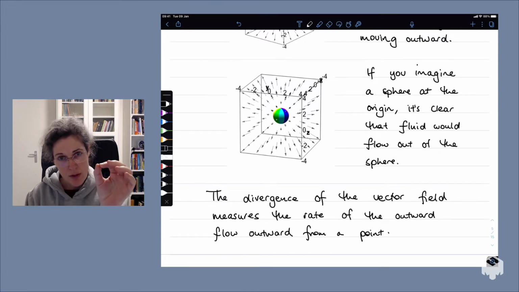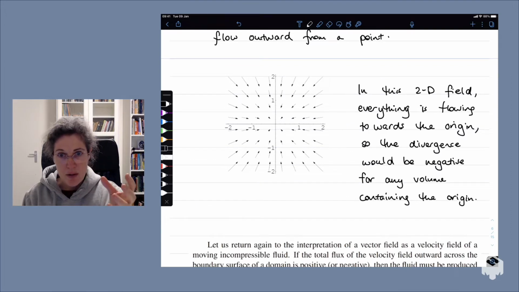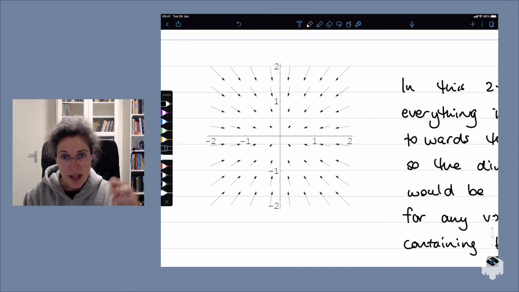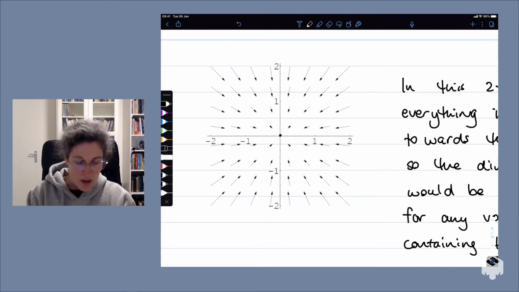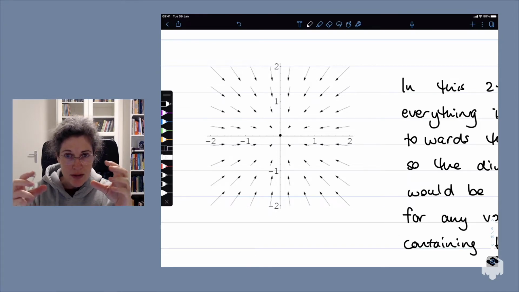So if you look at the divergence at a point, it says, okay, at that point, mostly stuff is flowing out. Or it could be that you have, for example, this two-dimensional field here. If you have a look at this, now everything is flowing towards a point. So if you were thinking about that point right at the center, fluid is not flowing away from it, it's flowing in towards it.